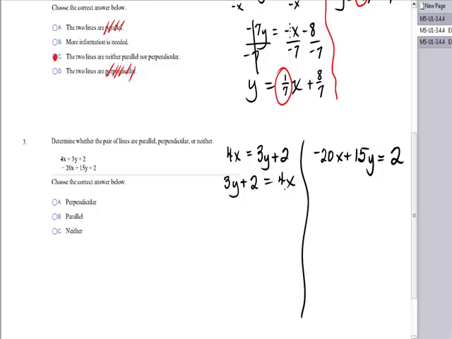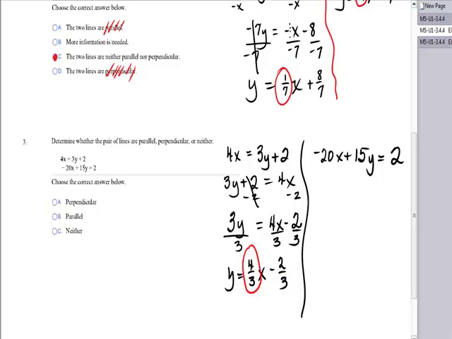I can just flip the equation over. I'm going to subtract 2, and I have 3y is equal to 4x minus 2. Divide everything by 3, and y is equal to 4/3 x minus 2/3. Okay, there's the slope of my first line.